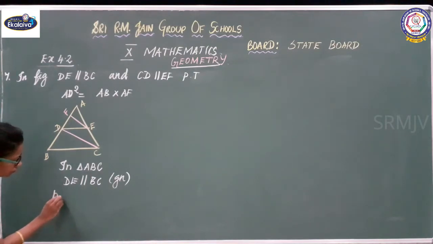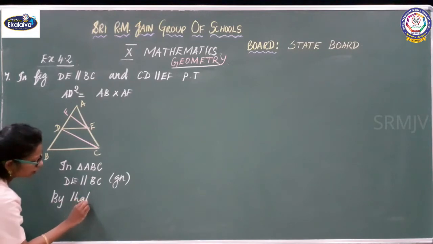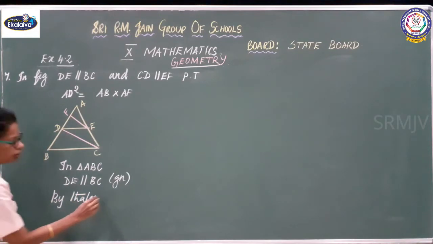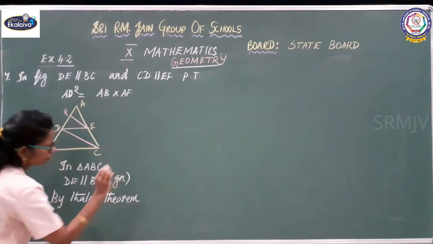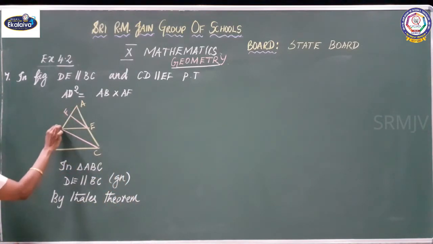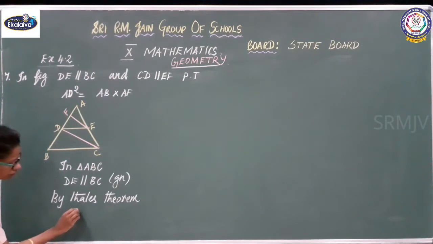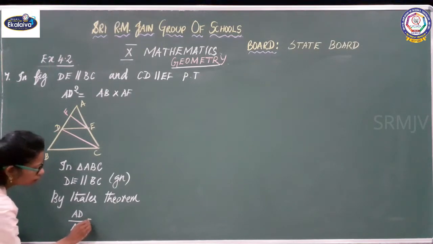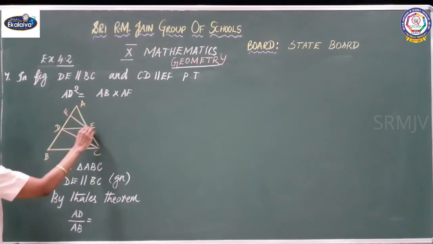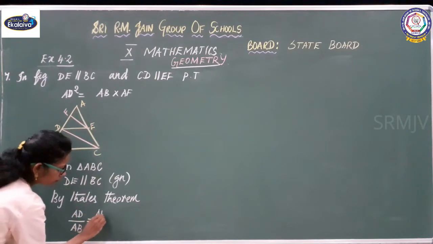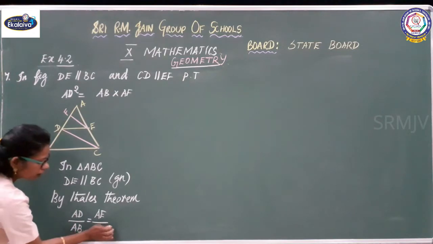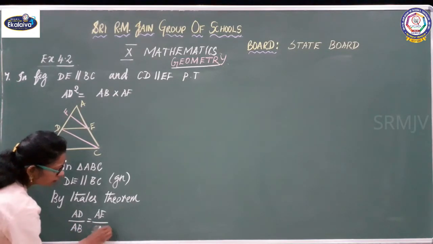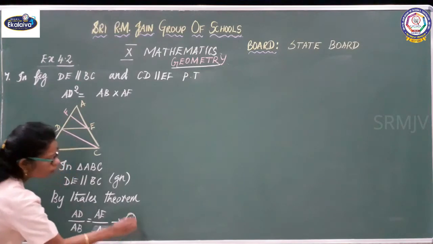By Thales theorem or BPT, AD by AB equal to AE by AC. That is equation number 1.